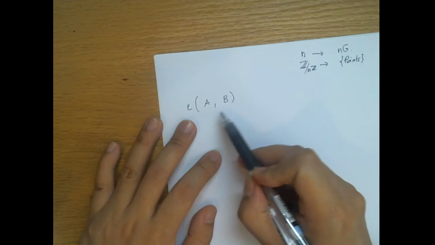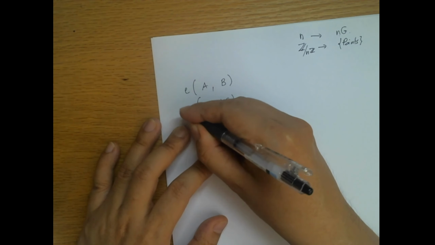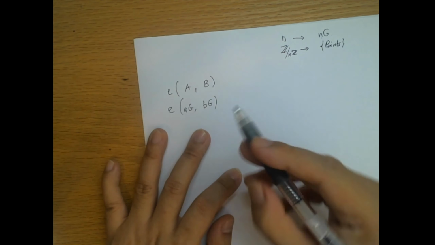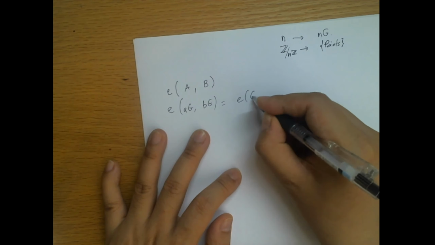Furthermore, if A is ag and B is bg, although it doesn't have to be like this, then you have this equality: A pairing B.